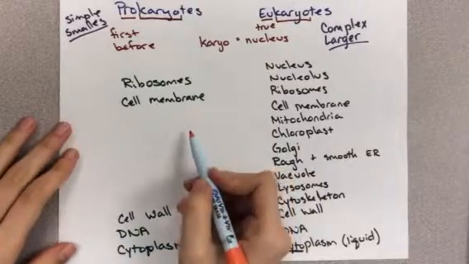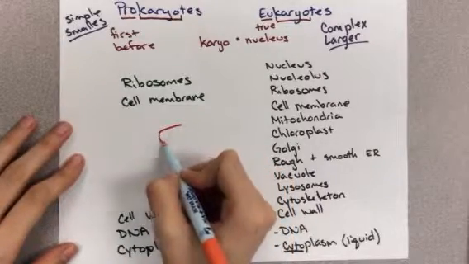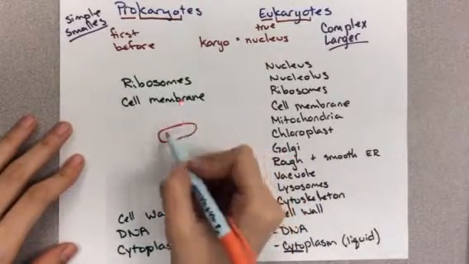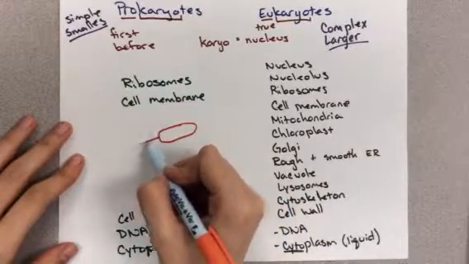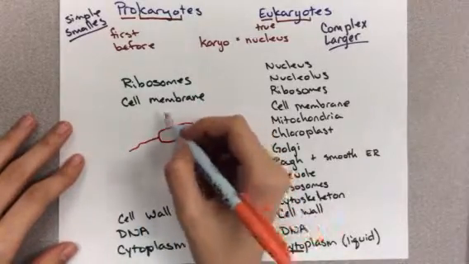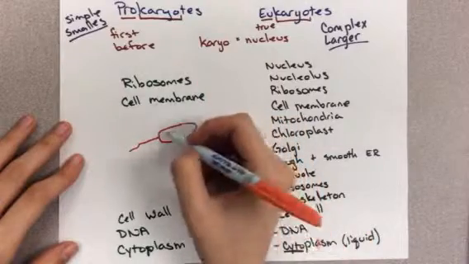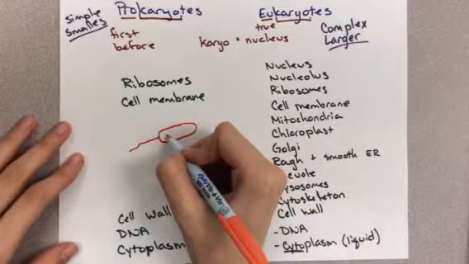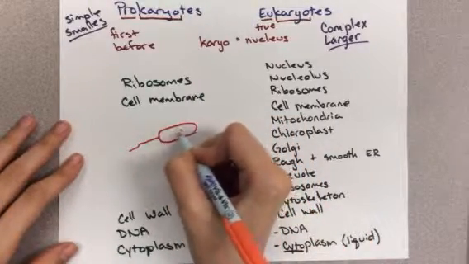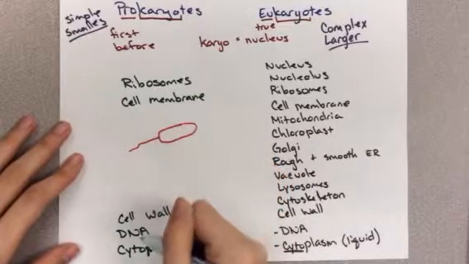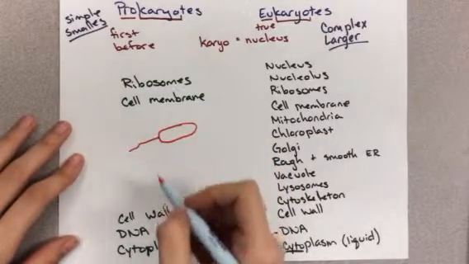In general, you might see a drawing of a prokaryote that's very simple, and sometimes it has a tail, and we'll talk about what that tail is. I just want you to be aware that there's no nucleus in the prokaryote. So even though it has DNA, the DNA is not in a nucleus.